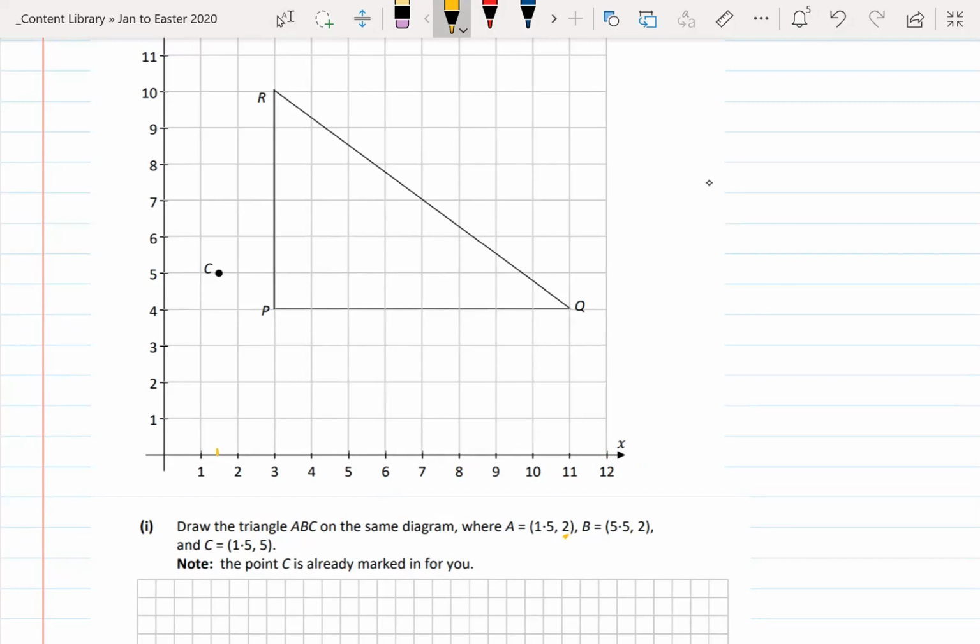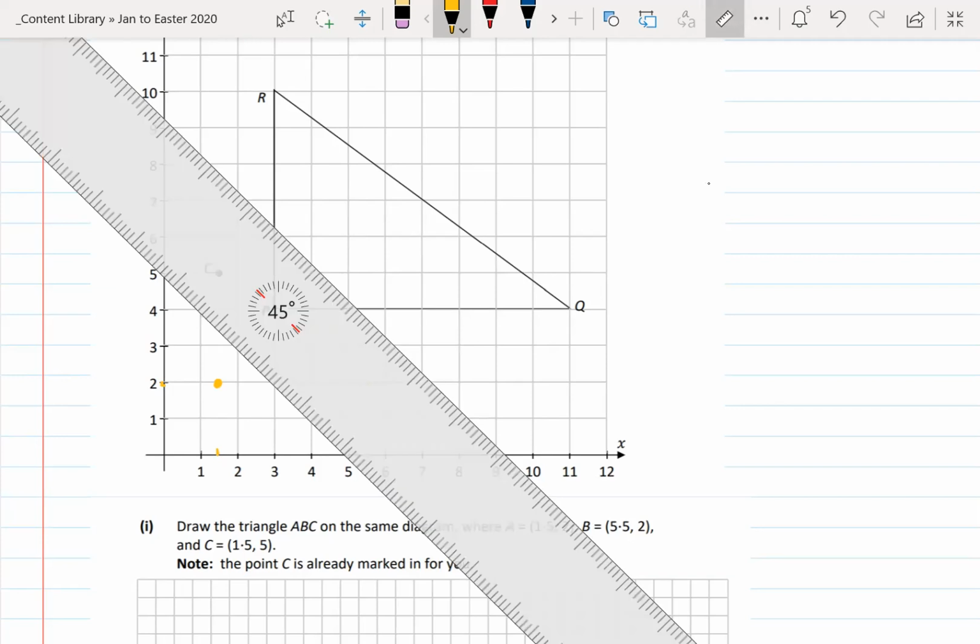So that bit there is for the y-axis. So they meet roughly here, okay? B is (5.5, 2). So 5.5 is here, 2. So about there. And C is already marked actually.